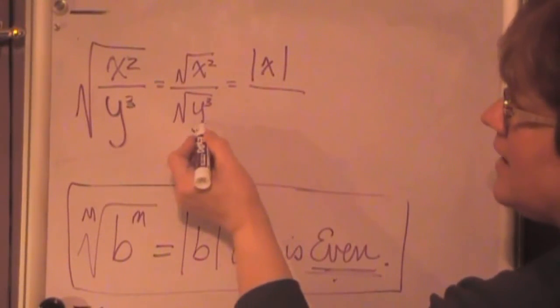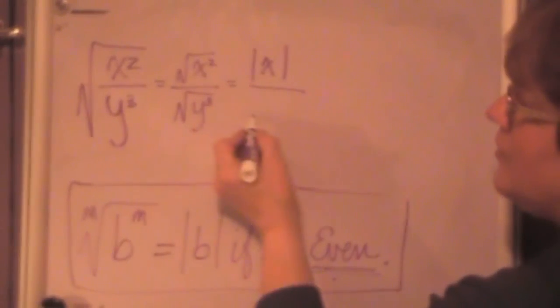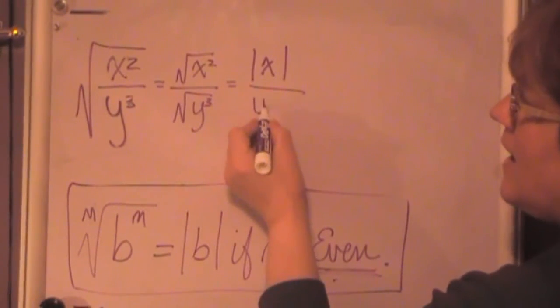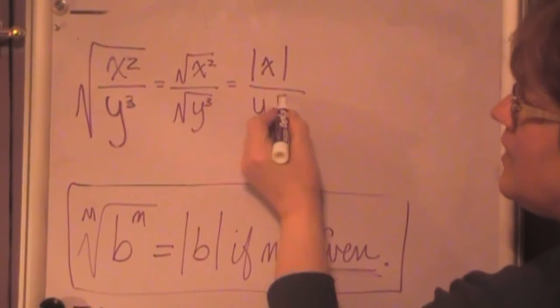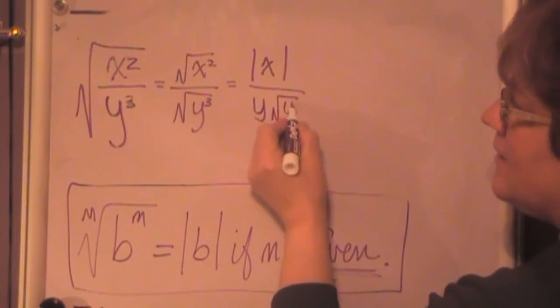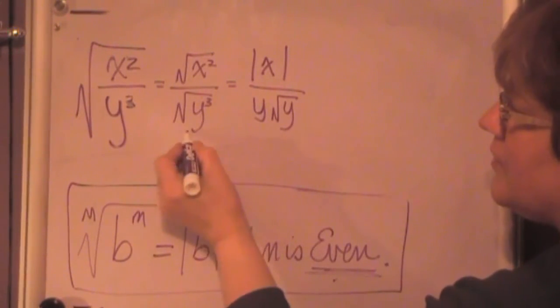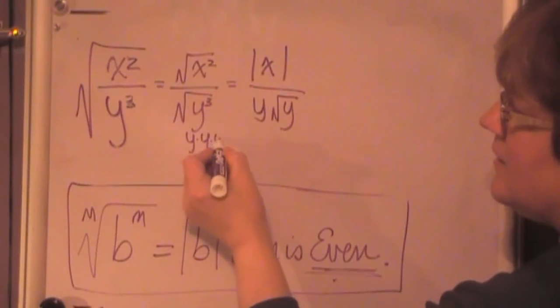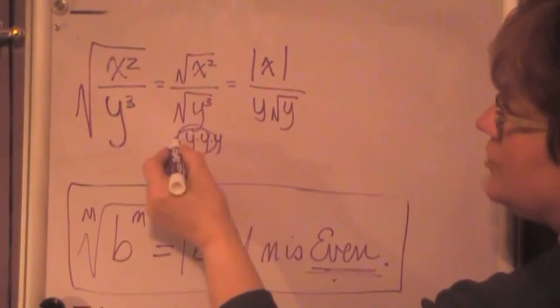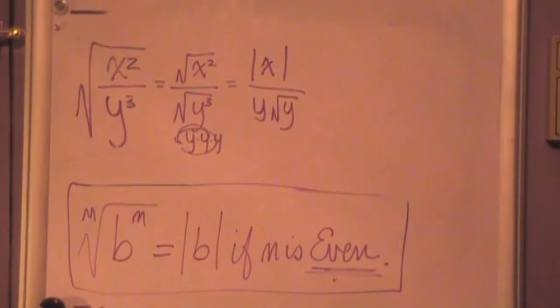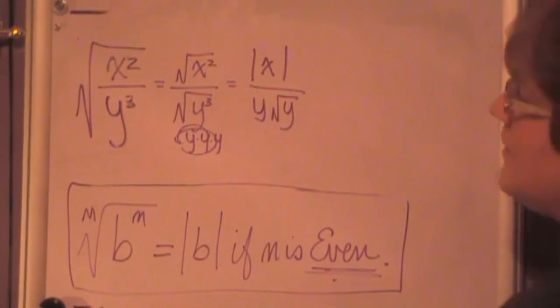Now down here I have the square root of y cubed. So I can bring out a y, and I'm left with a square root of y, because there were 3 factors of y in here. So I brought 2 out as a y outside, and I leave 1 in.